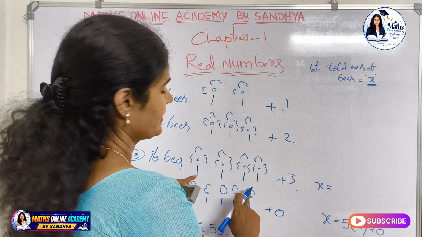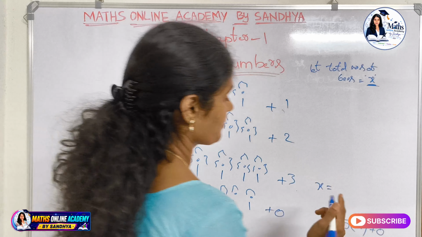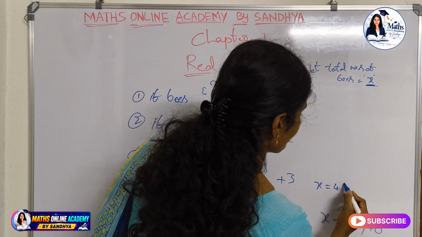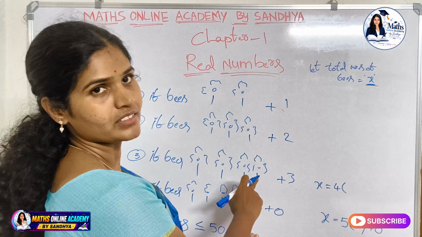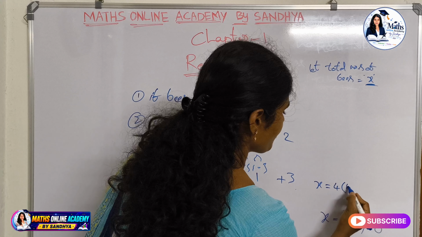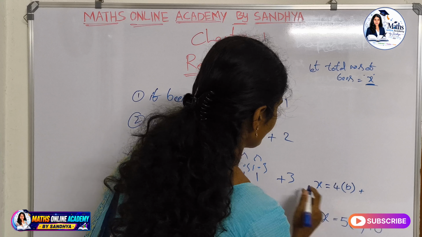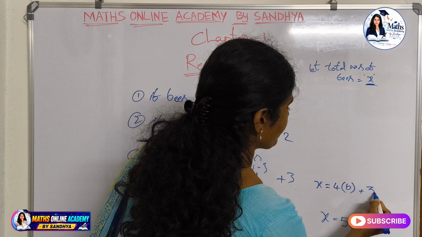And here, X equal to, how many flowers? 4. Here the divisor is 4. 4 into, we don't know how many bees are sitting on the flowers, so this is B, and the remainder is 3.